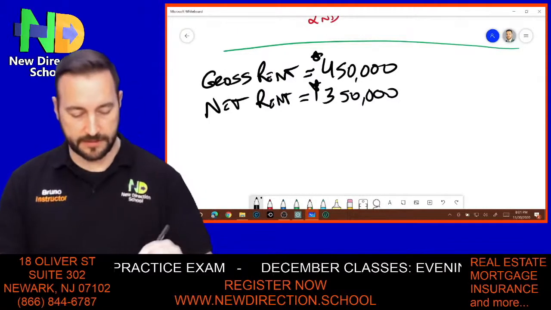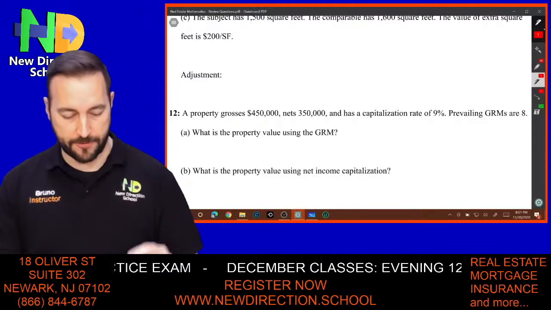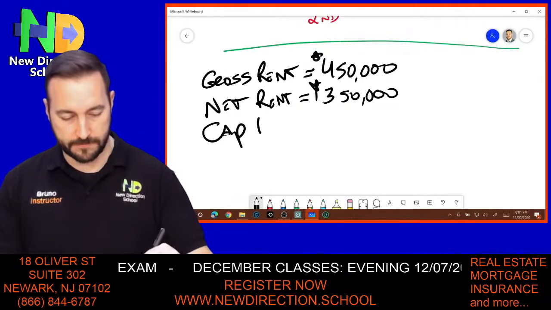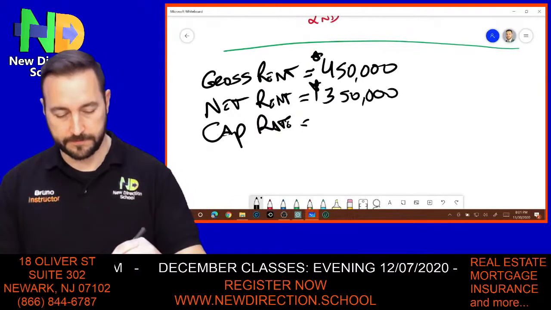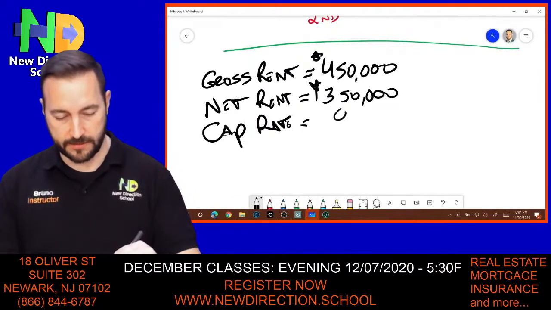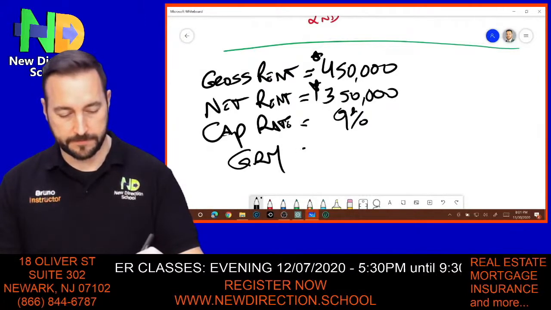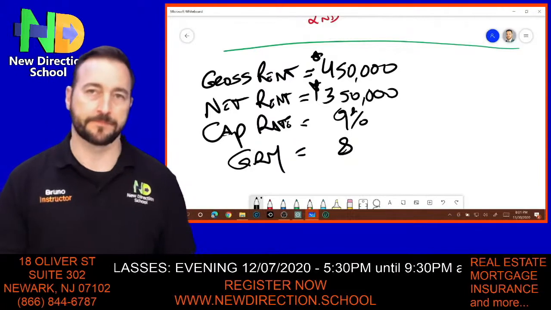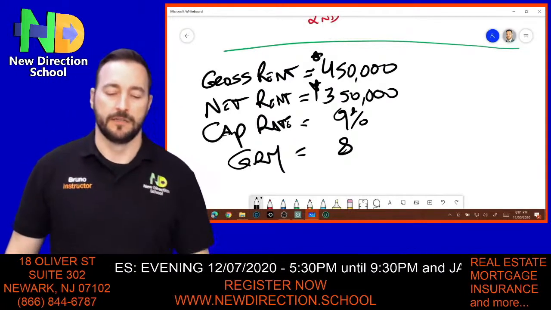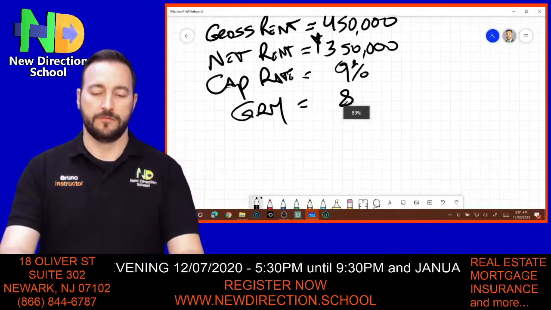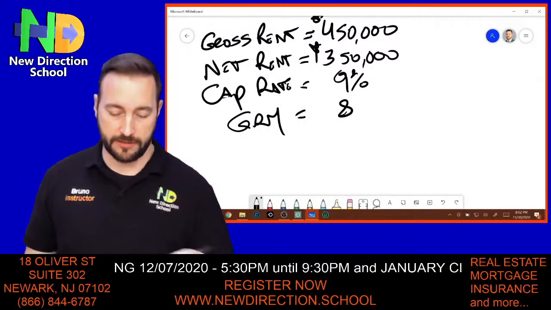Then it says that the cap rate is 9%, while the GRM is 8. All right. They want to know the value using one or the other. So property value.